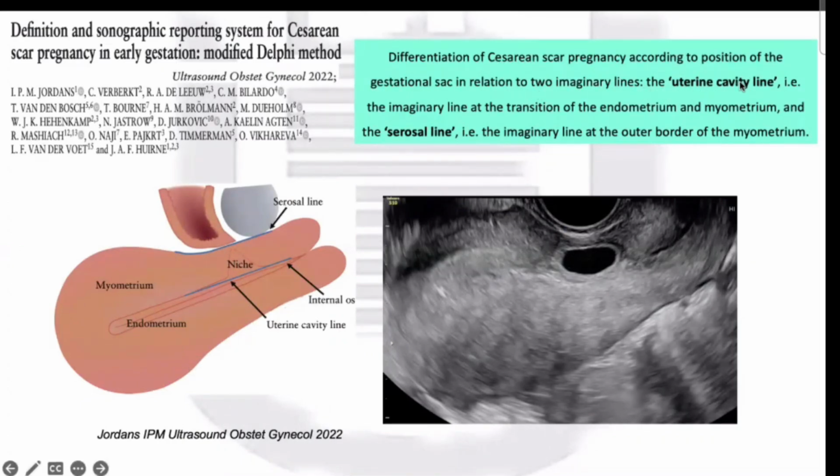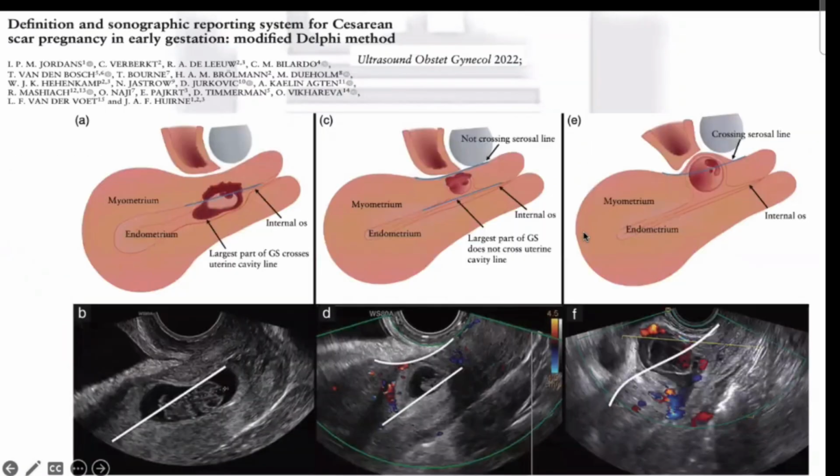One is the uterine cavity line, which is the line that goes through the endometrium, and the correlation of the gestational sac to this line gives us the possibility to see if it's more in the cavity or less in the cavity. The other line is the serosa line, which gives us the indication when the sac goes outside to the serosa line. So we have then three options.